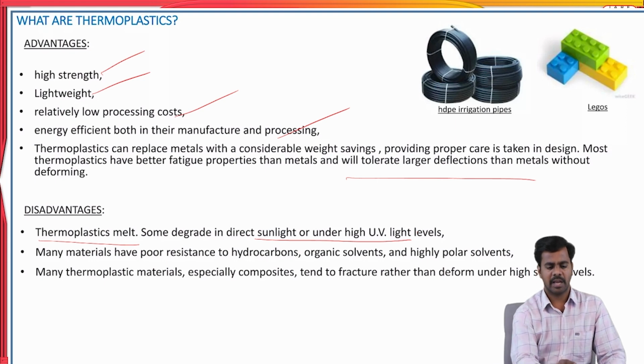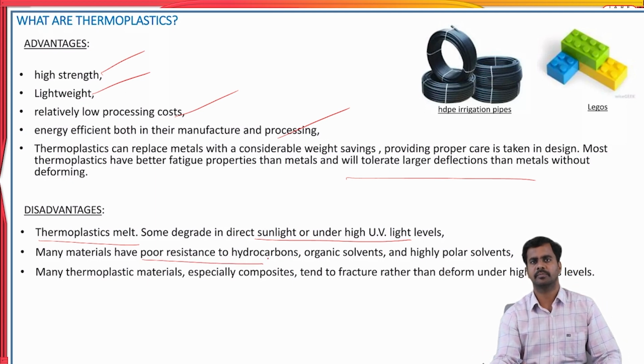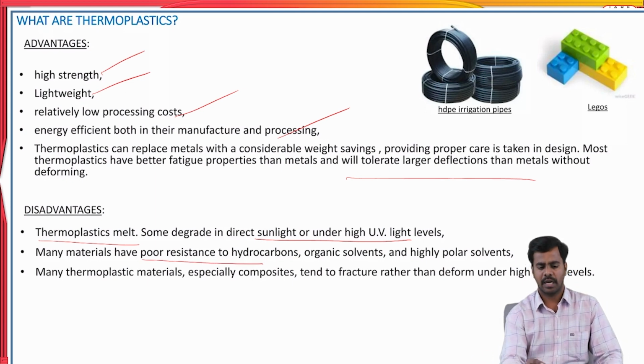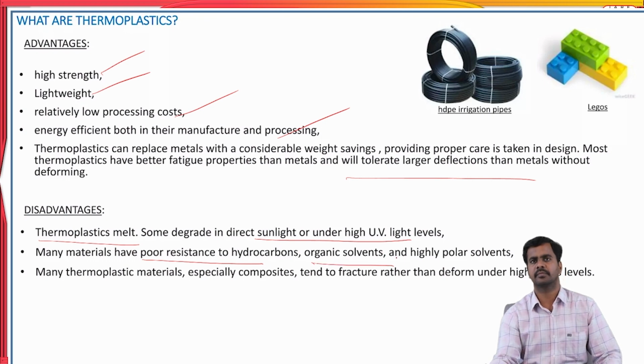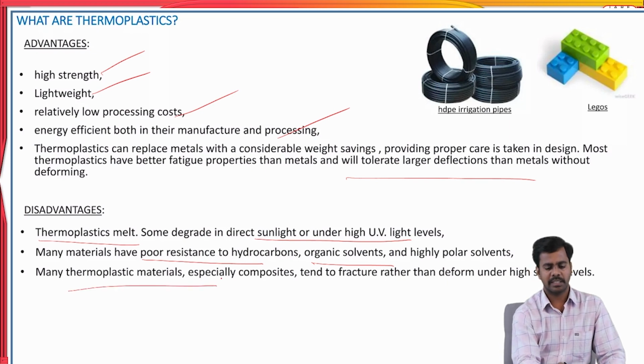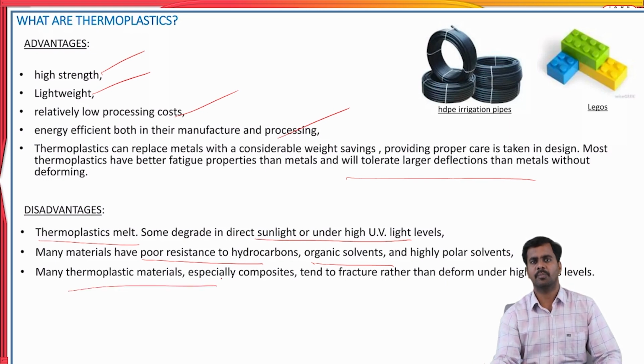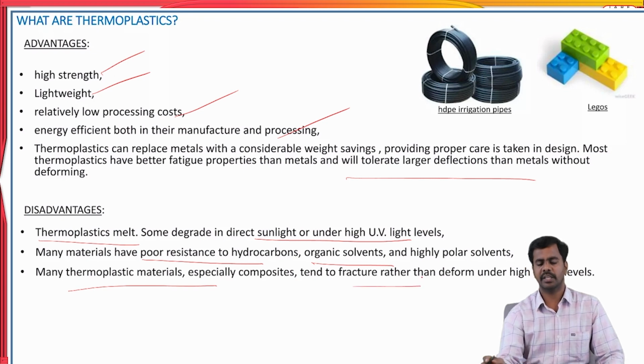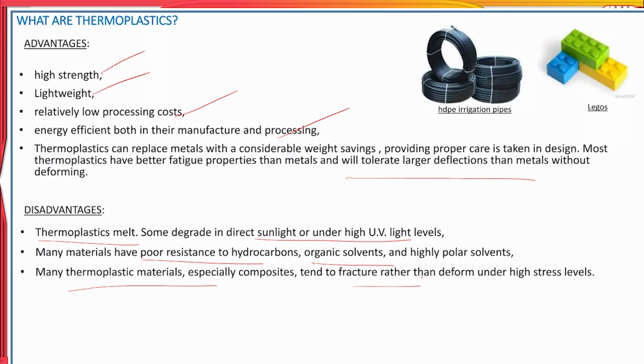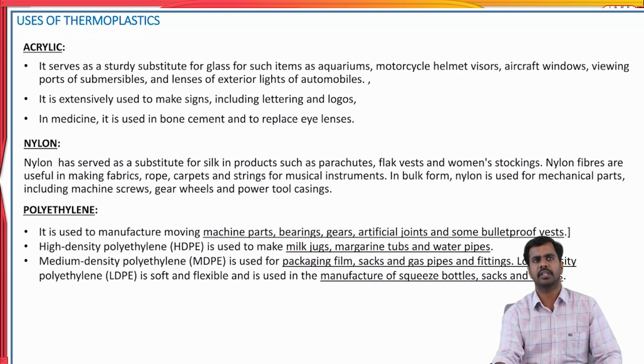Many materials have poor resistance to hydrocarbons, organic solvents, and highly polar solvents. Many thermoplastic materials, especially composites, tend to fracture rather than deform under high stress levels. And uses of thermoplastics.